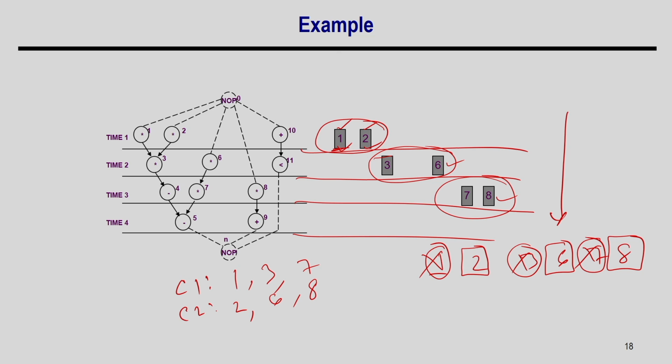But it also gives the mapping: operations 1, 3 and 7 are executed using FU1, and 2, 6 and 8 are executed using FU2. This is how I can identify the FU requirement, the allocation of the FUs and the binding of the FUs. Both can be determined.